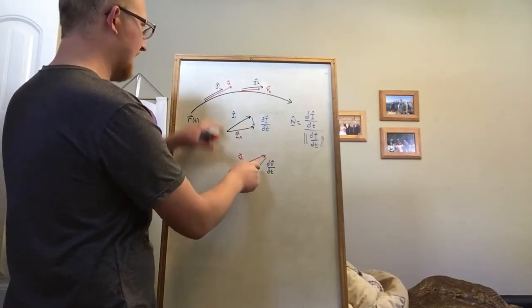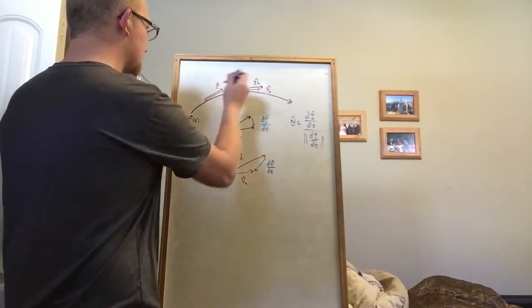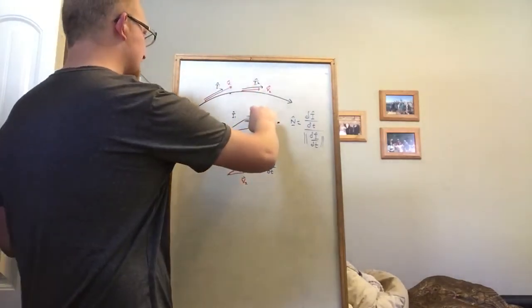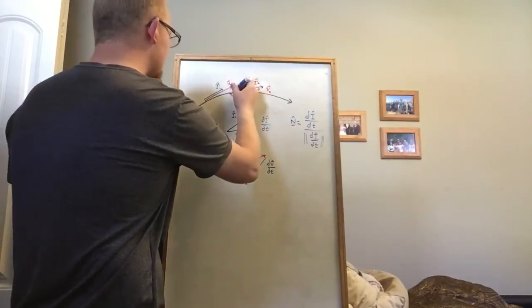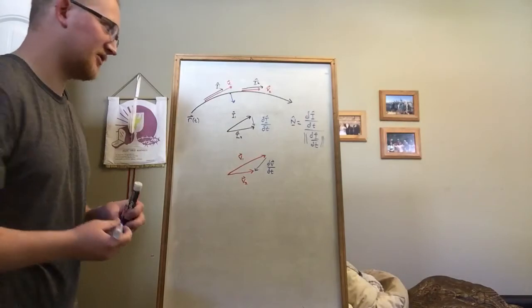If we look in between the two and take this change in tangent with respect to time and move it up here, you would notice it's pointing definitely normal to the curve.